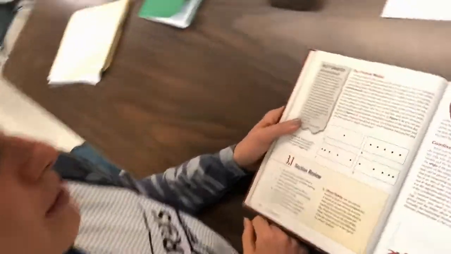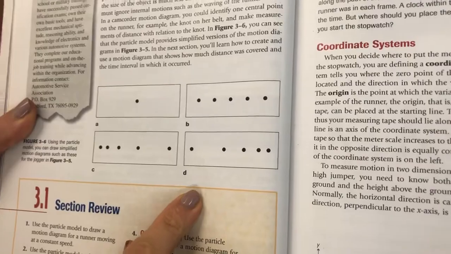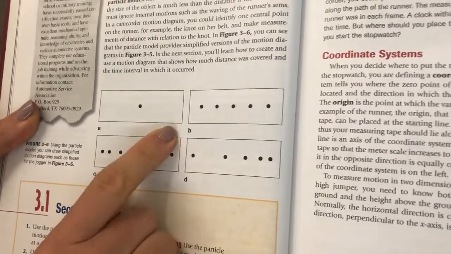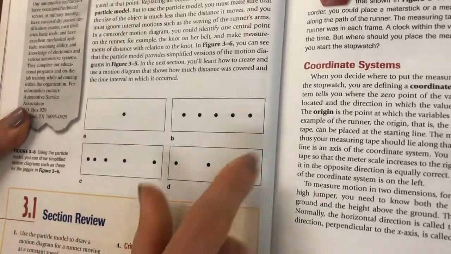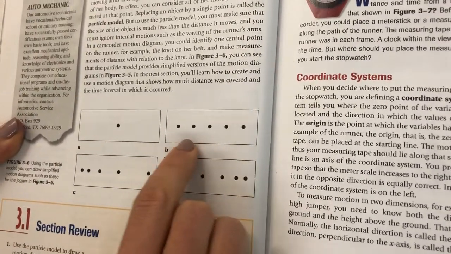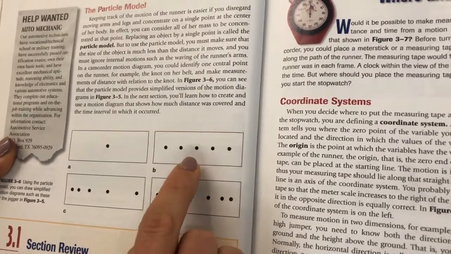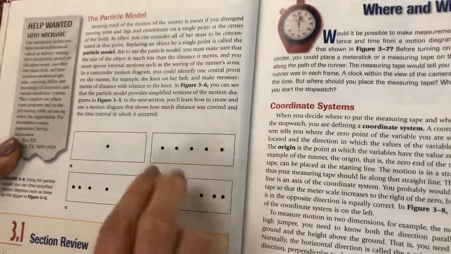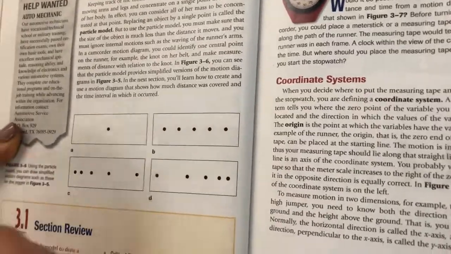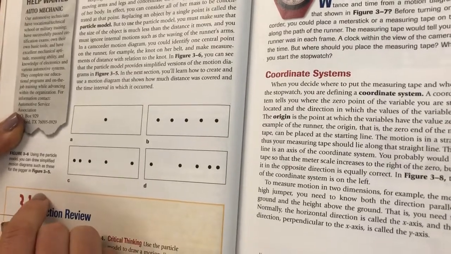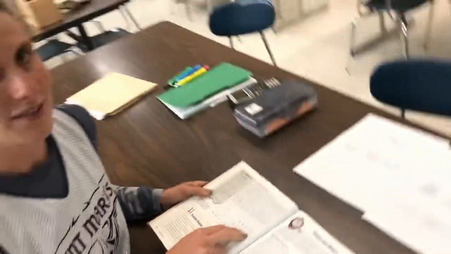So when we rolled the ball on the table, was it A, B, C, or D? I think it should be B, Miss Moore. You would be correct. Why is that? Given our time interval, we can see that the distance between each little dot during that consistent time interval is the same, which means it's moving at a constant velocity.